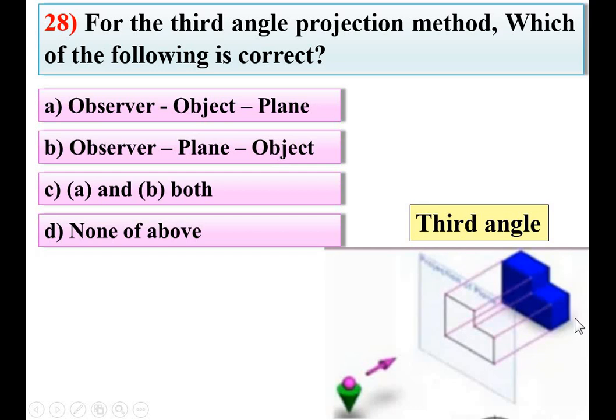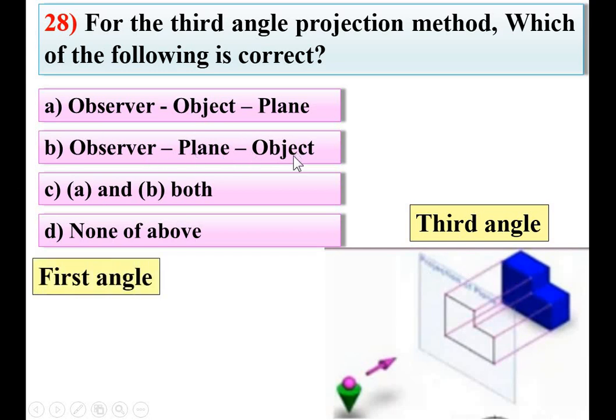Here this is the object, this is the projected plane, and this one is the observer. In case of third angle projection method, the sequence is like that: observer, plane and object. That means B is the right answer.